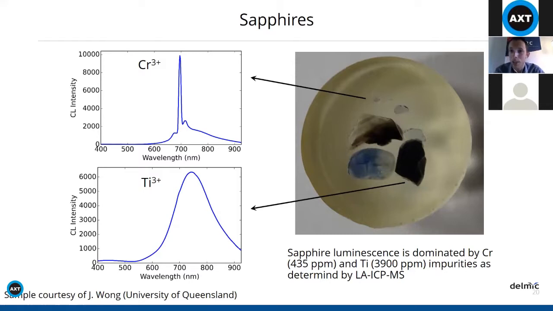We looked at different sapphires. In this sapphire here, you see this cathodoluminescence spectrum, and this is completely dominated by chromium impurities. Chromium is a well-known light emitter in sapphire. The concentration here is about 400 ppm, but even at that concentration, it already completely dominates the spectrum.